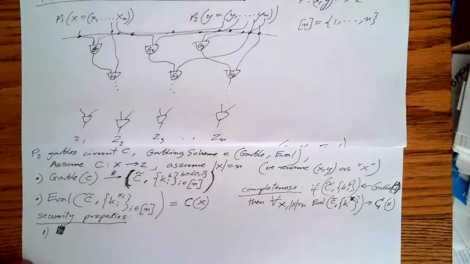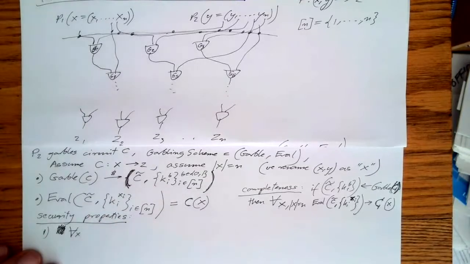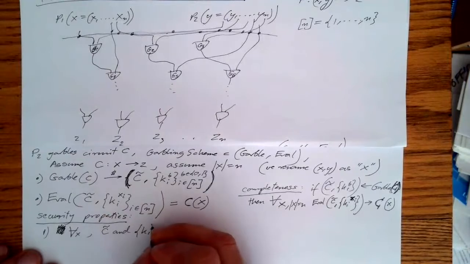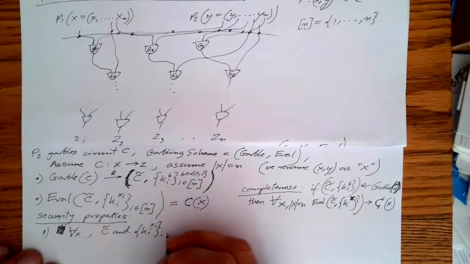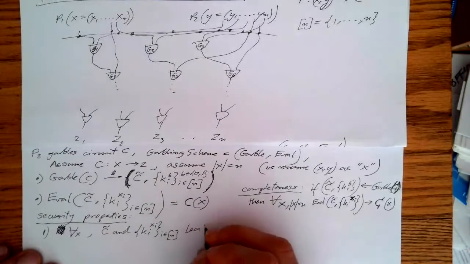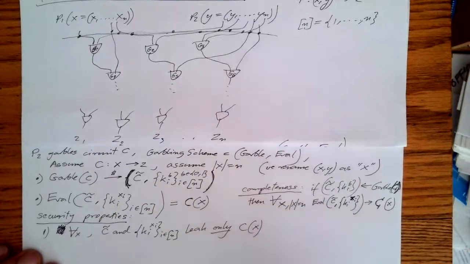Well, so here's the security property. For every possible input X, a C hat and the set of keys that corresponds to that input X leak only C of X.